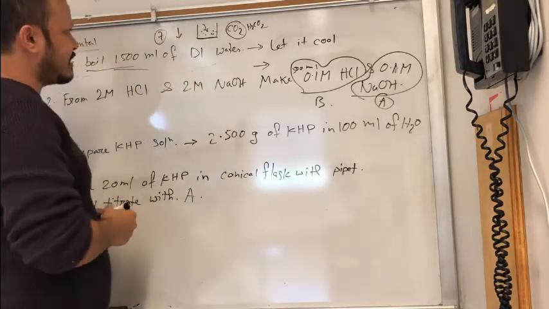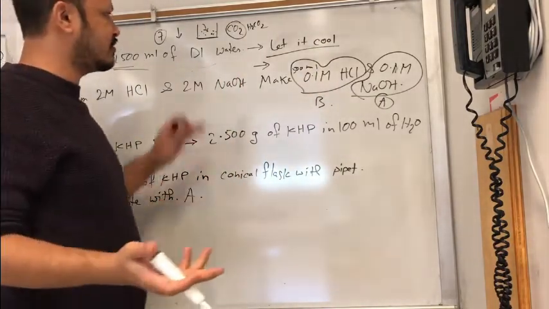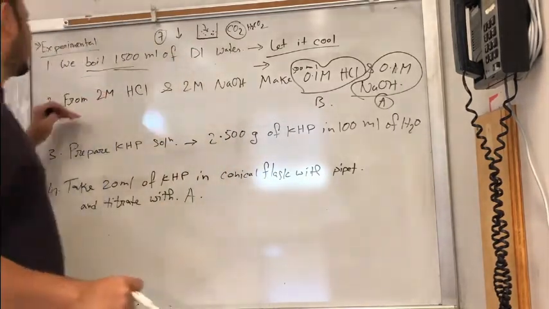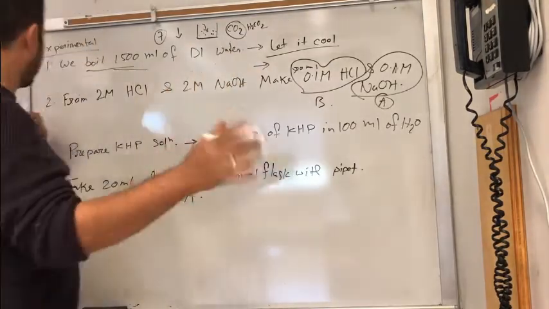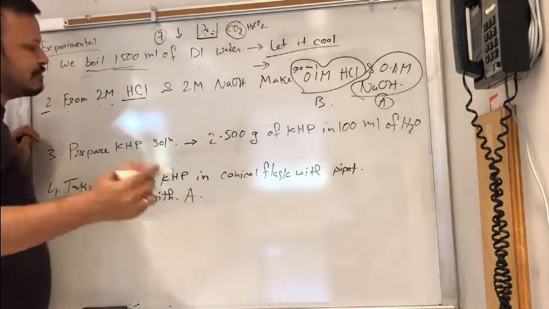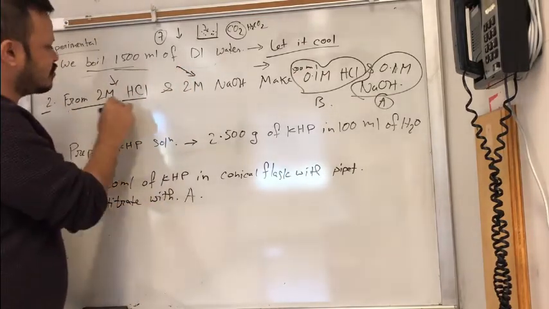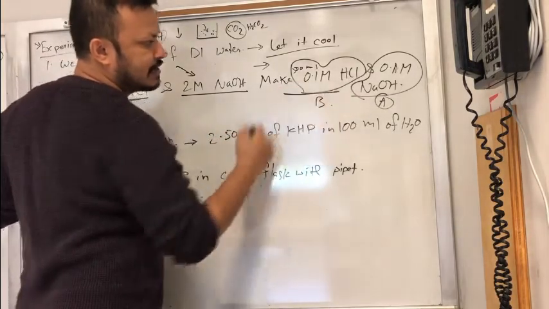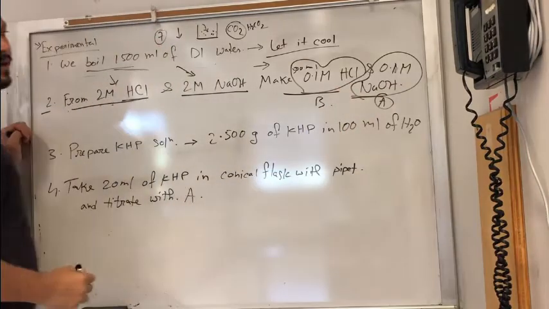After you boil it, we let it cool, because you cannot use hot water. If it is at room temperature, then we are going to use it. Normally just after cooling, we start this process. Then the second part: as I said, we will give you 2 molar HCl and 2 molar sodium hydroxide. From those, we will make 0.1 molar, 500 ml HCl and 0.1 molar sodium hydroxide.